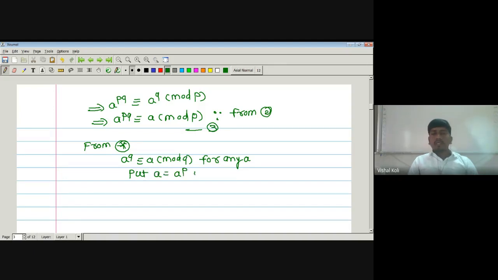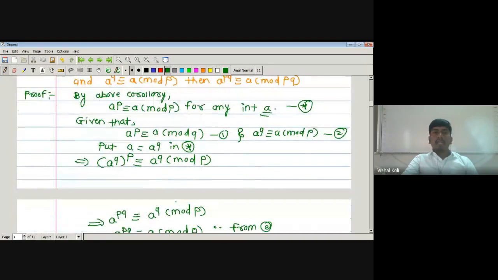We get a to the power p to the power q is congruent to a to the power p modulo q, which is nothing but a to the power pq congruent to a to the power p modulo q. Now a to the power p is congruent to a modulo q from equation 1.